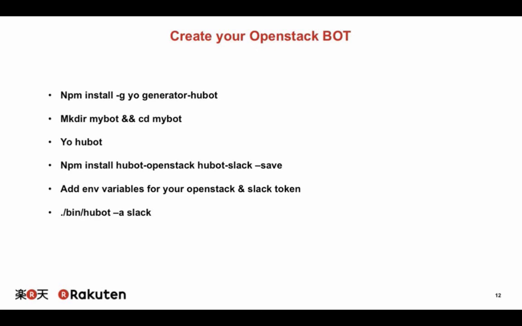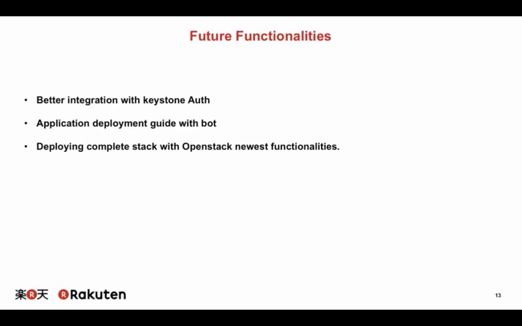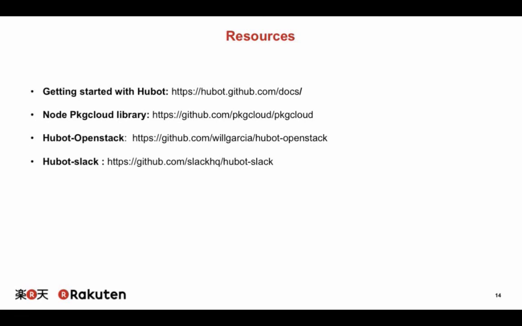You can create a bot, load the modules, populate your environment variables, and it will be ready to go. The future functionality will mostly be Keystone authentication, so you can authenticate with Keystone, the proper project ID, and all the different Keystone stuff. And these are the resources where you can get started.